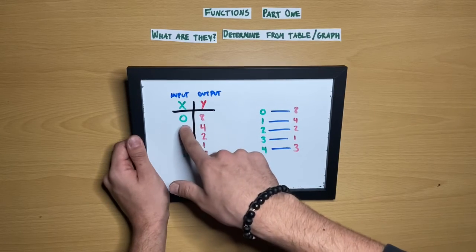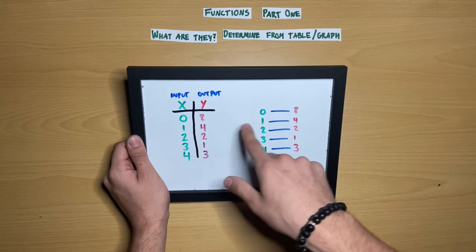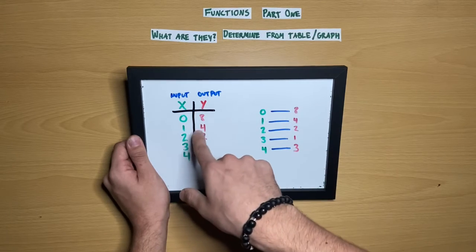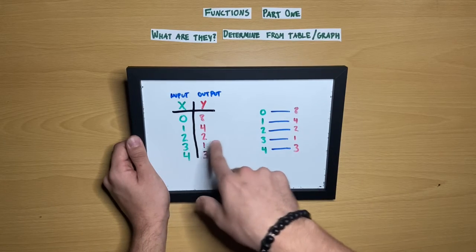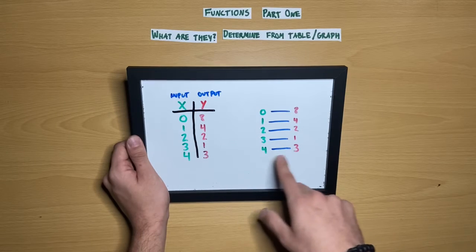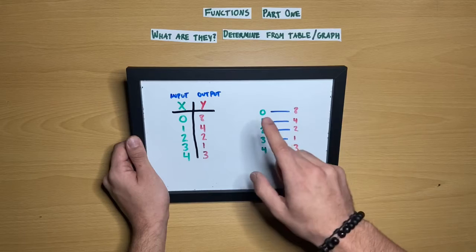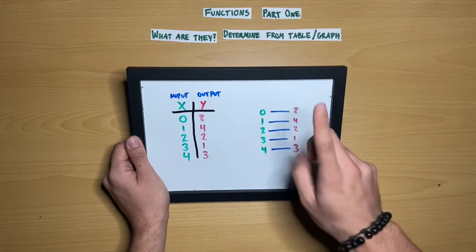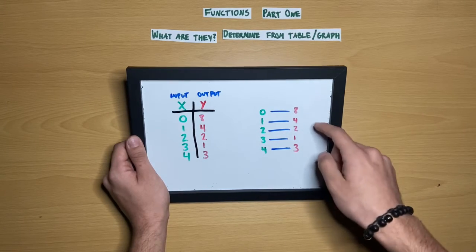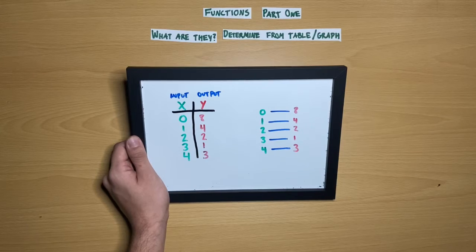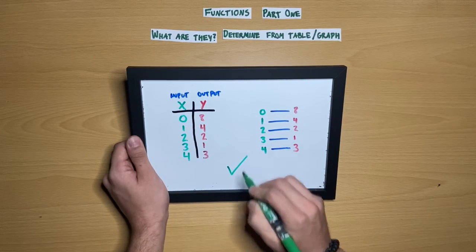So 0 goes to 8, 1 goes to 4, 2 goes to 2, 3 goes to 1, 4 goes to 3. And as you can see here, every single input goes to exactly one output. So this table is a function.